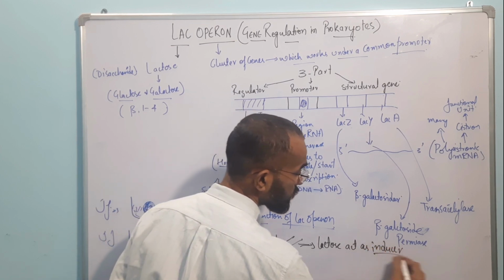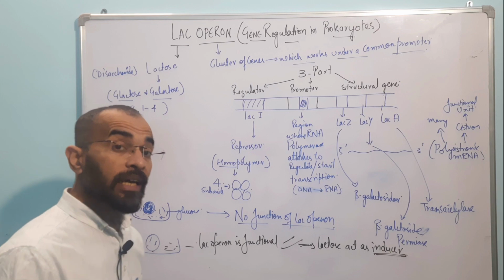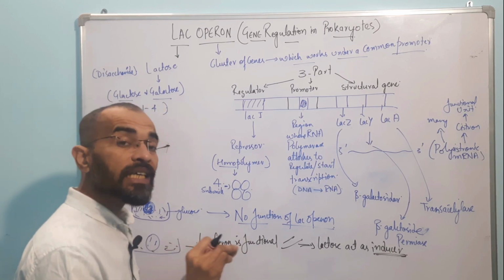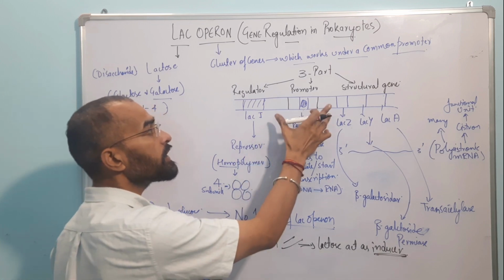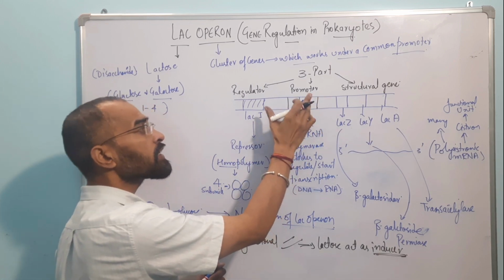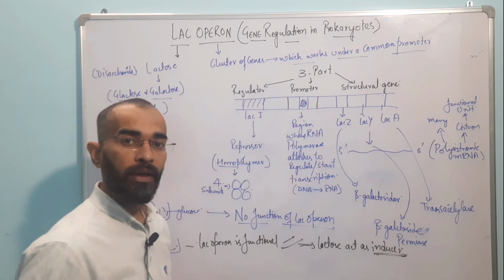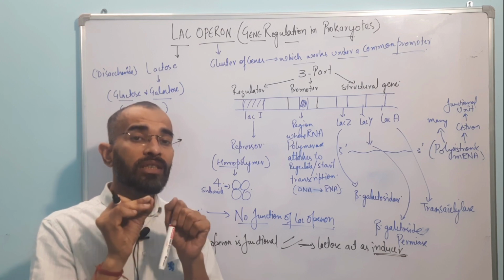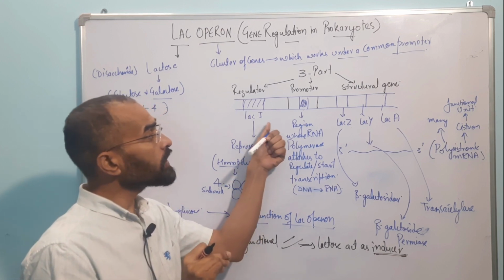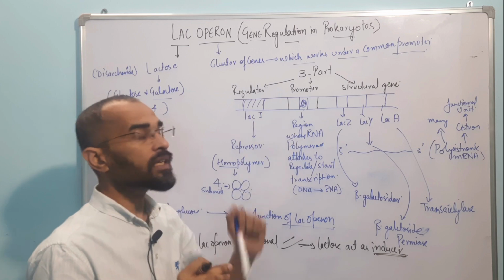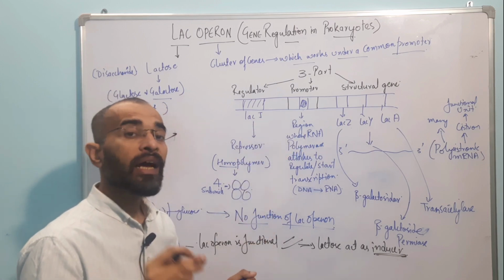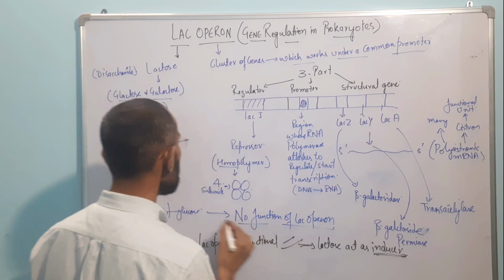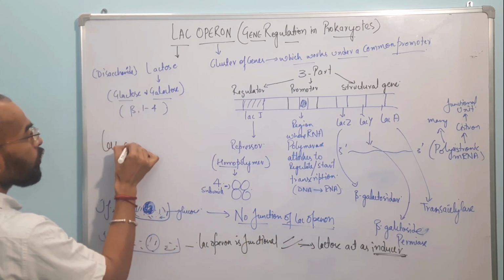We can say that. How? Because lactose is that product which causes the induction, which induces the function of this lac operon. That is, lactose is the only substrate which induces the function of these structural genes, this lac operon, under RNA polymerase.